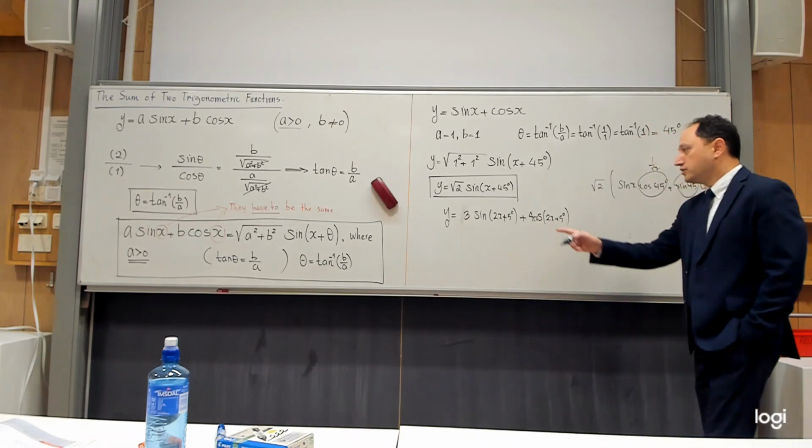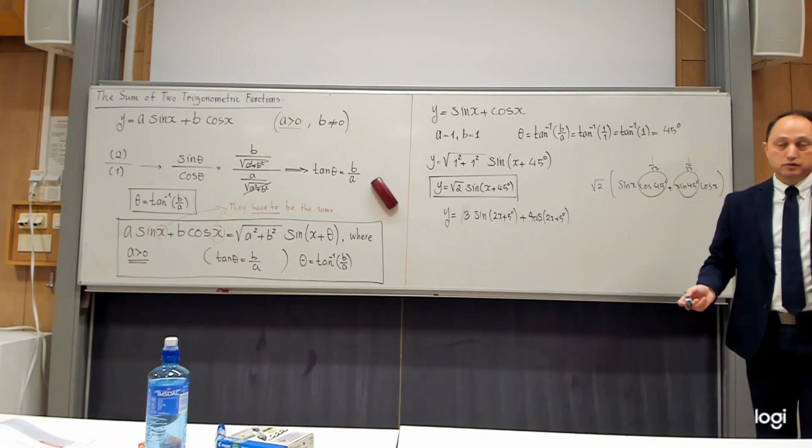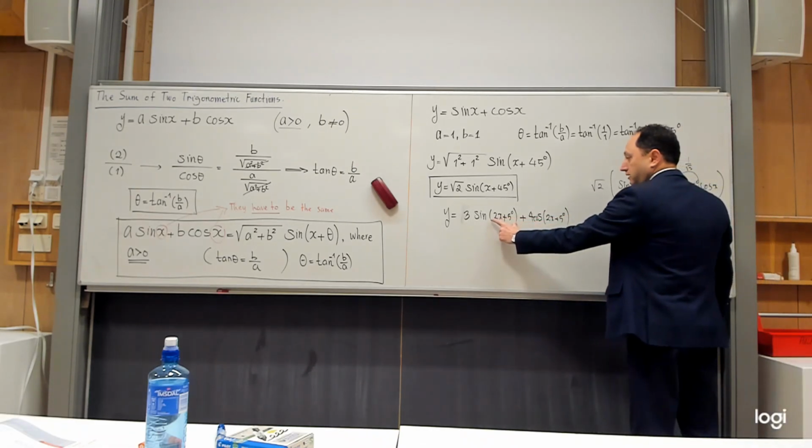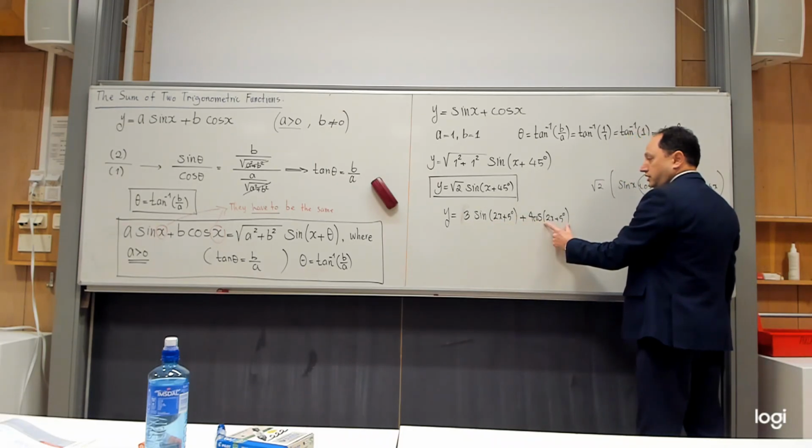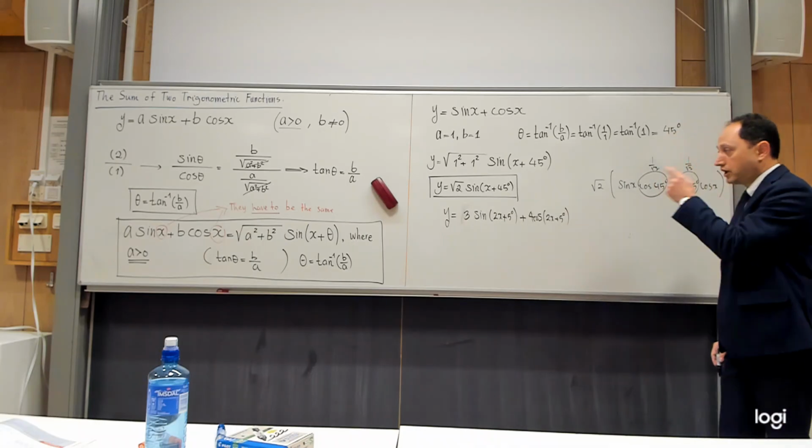Can I use this formula for this? Yes. Why? Because the angle in front of sine and the angle in front of cosine are exactly the same. So I can use that formula.